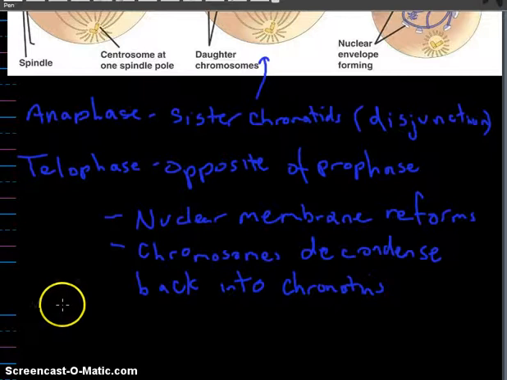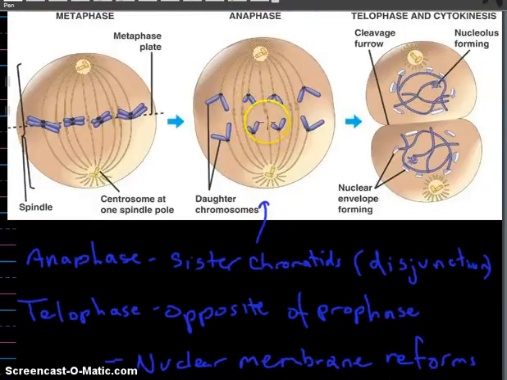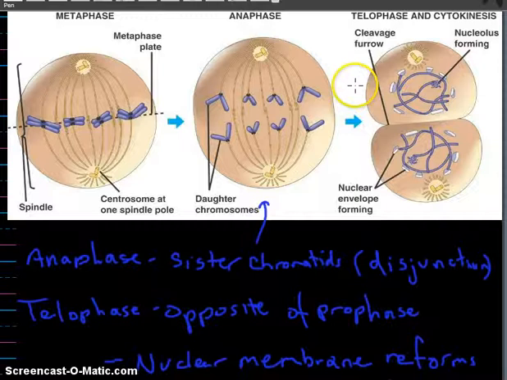And then there's also a process called cytokinesis. And cytokinesis, so I've looked at a couple of articles, and some articles say that cytokinesis occurs in telophase. Other articles say that cytokinesis begins at the end of anaphase and expands throughout telophase and still continues after telophase.